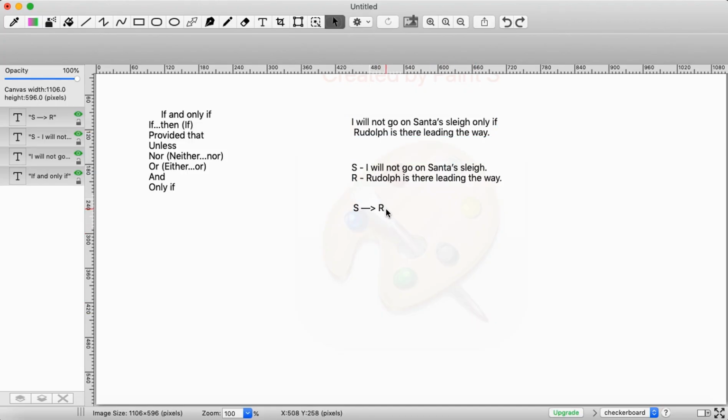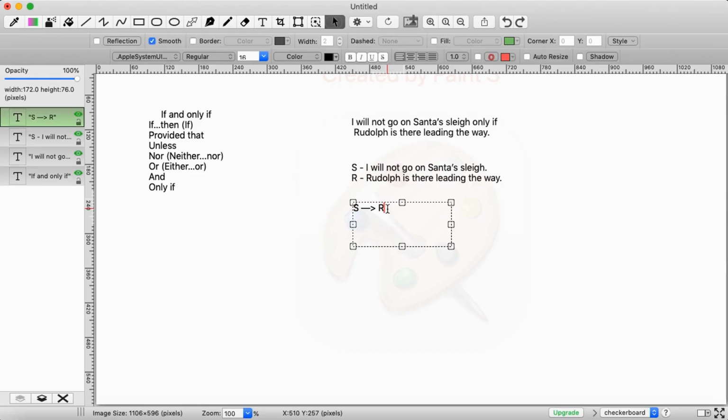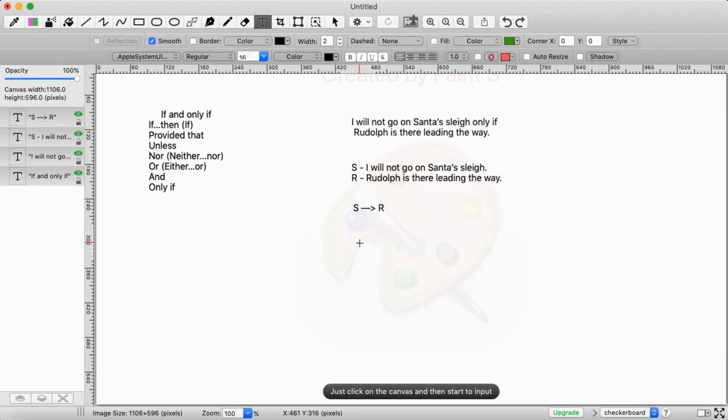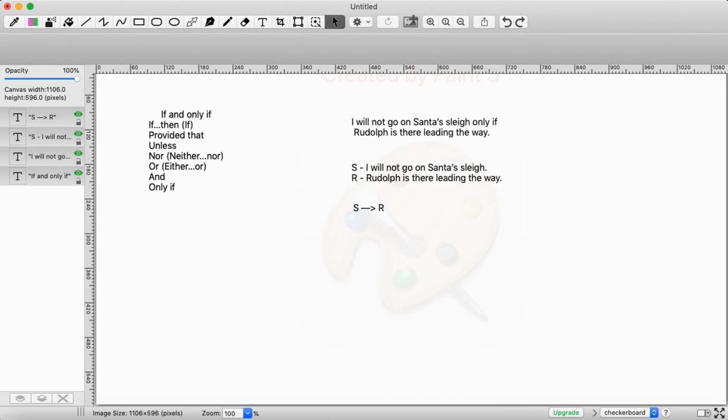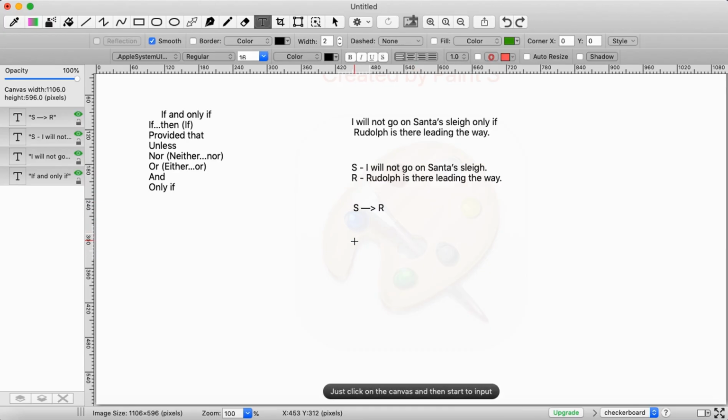So let's do an example. Actually, let me make a new one. I like making a new one because I think it freshens your brain. It's a new box, and I like lighting them up.